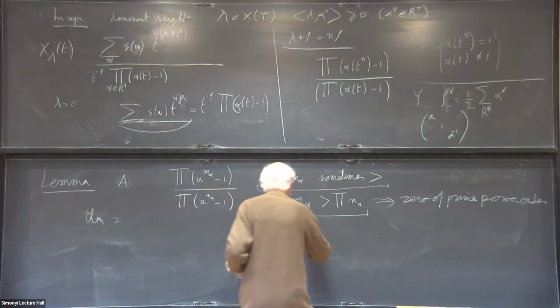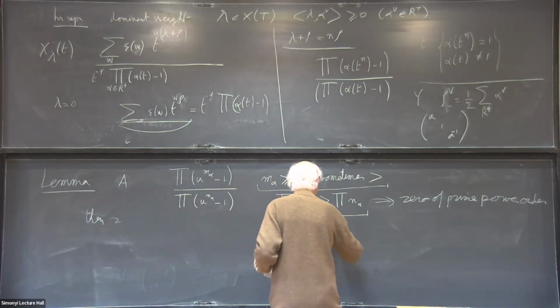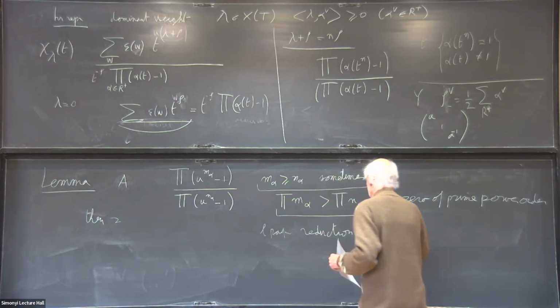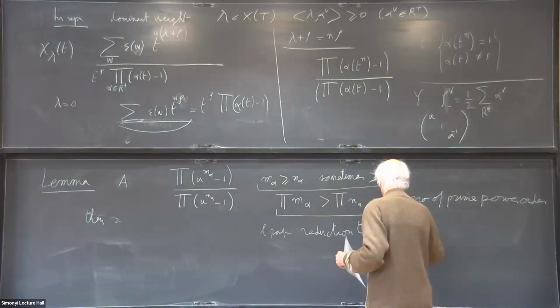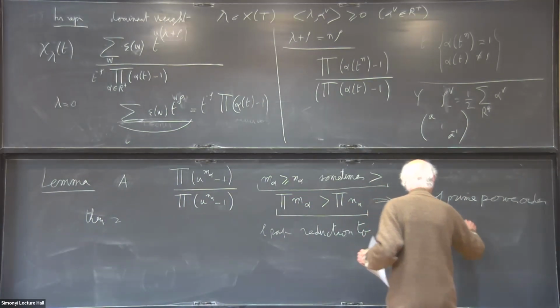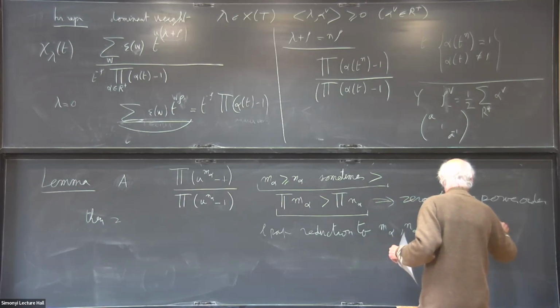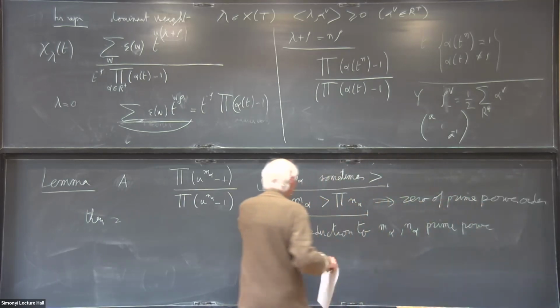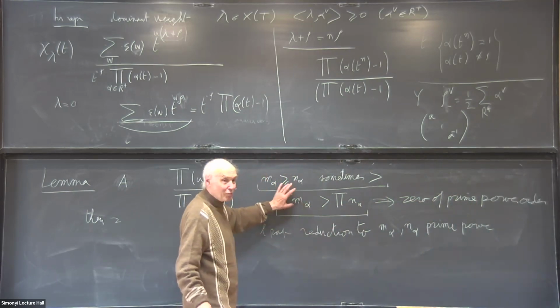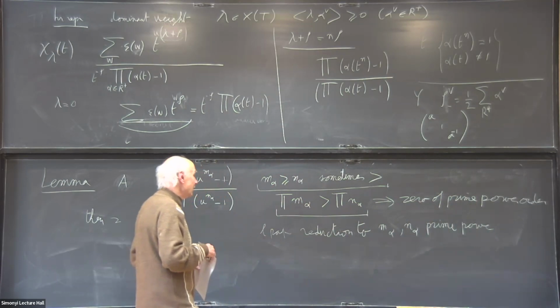So, reduction to m_alpha prime powers, by taking the L part here, the L part there, and finding some L for which one keeps the same inequality.